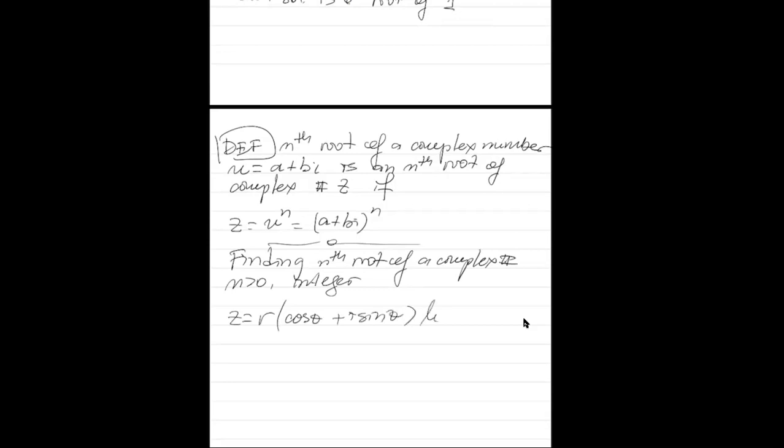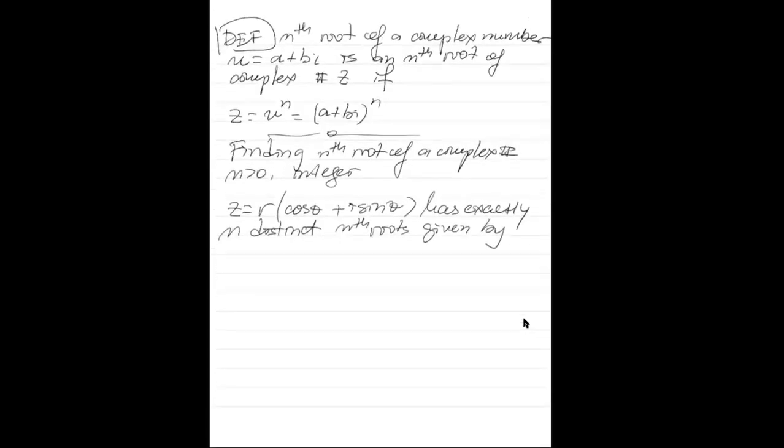And this number has exactly n distinct, that means different, nth roots given by this formula. So we're going to have the nth root of r, the modulus, and then cosine of the angle theta, which is our argument, plus 2 pi k over n, plus I sine theta plus 2 pi k over n. So this is our formula for finding the nth root.